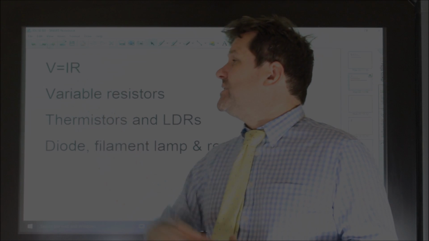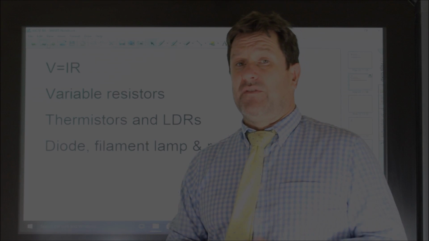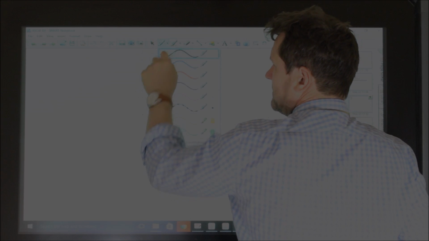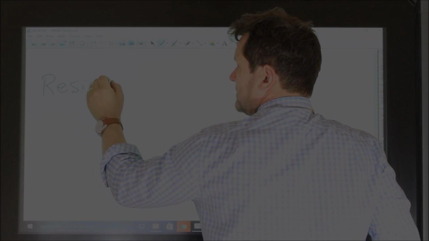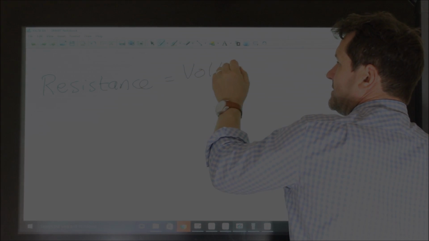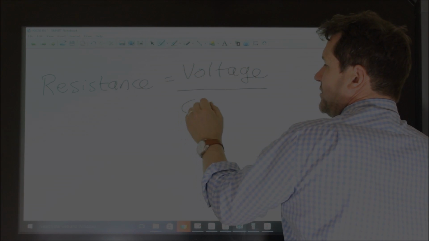It's important to be aware of this equation. R is V over I, or V is IR. So just to remind you, electrical resistance equals voltage divided by current.